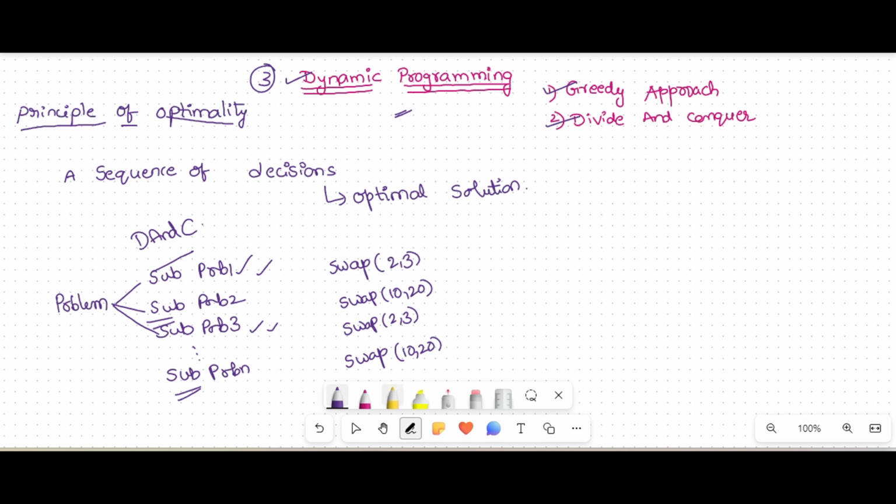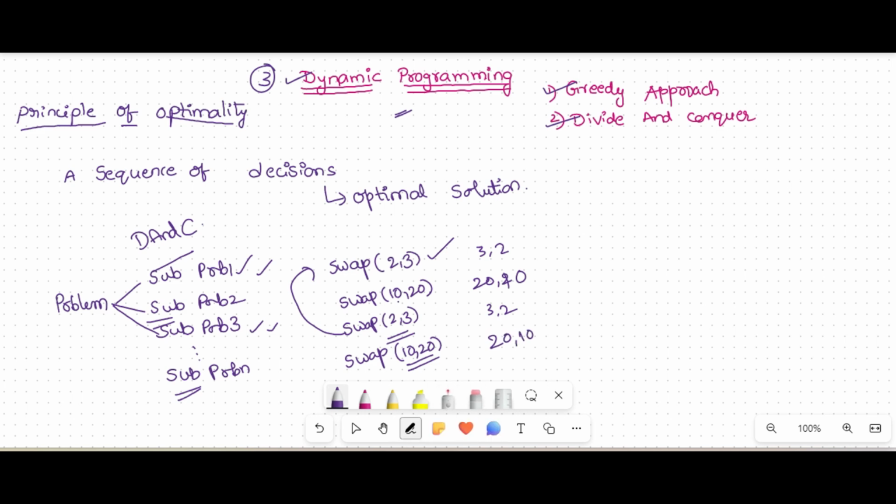Swap of 2, 3 will be interchanged, and you will get 3, 2. Swap of 10, 20, these two numbers are swapped, then 20 and 10. Now swap of 2, 3 again, so it uses the previous solution. It won't calculate it again by using a temporary variable and interchanging the values. Already you have calculated it, so the same solution will be used here. Again, this you have already calculated, so the same solution will be used here.